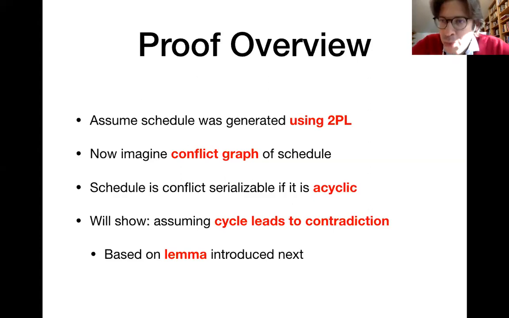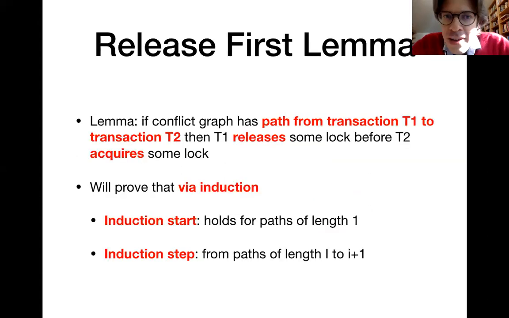In order to conduct this proof, as a lemma, we will prove the following. We will prove what I call the release first lemma, which essentially says that if in the conflict graph I have a path from transaction 1 to transaction 2, then transaction 1 must release a lock on some object before transaction 2 acquires a lock on some object.